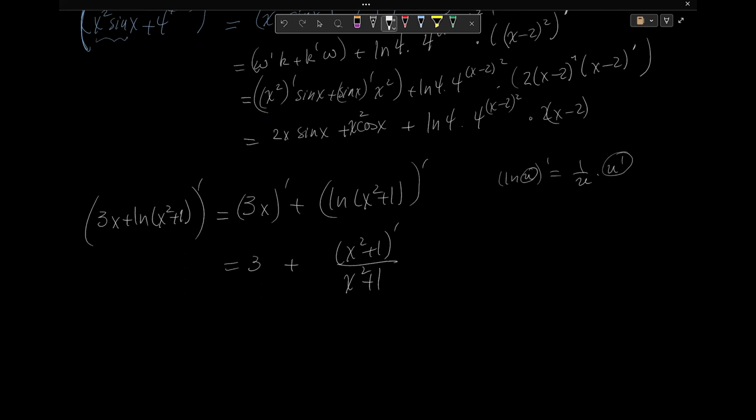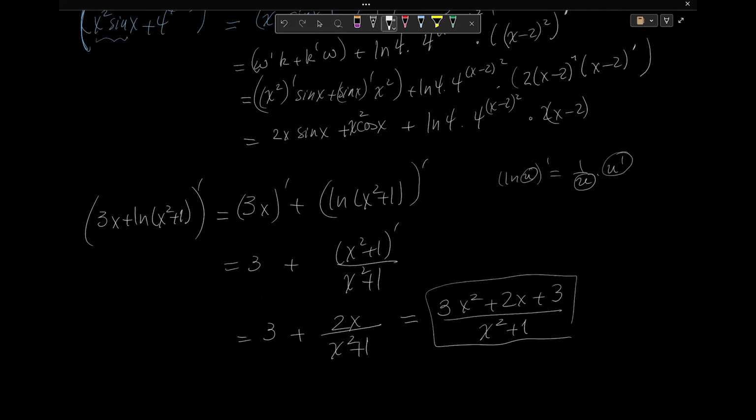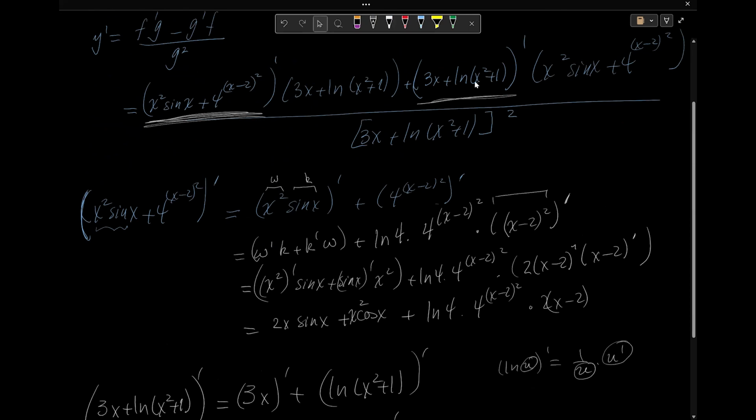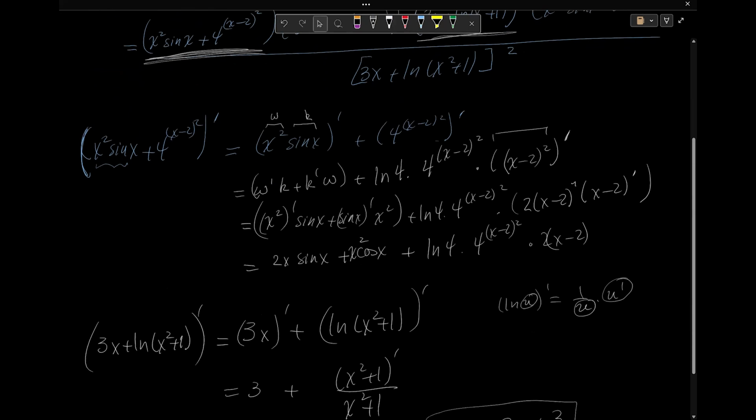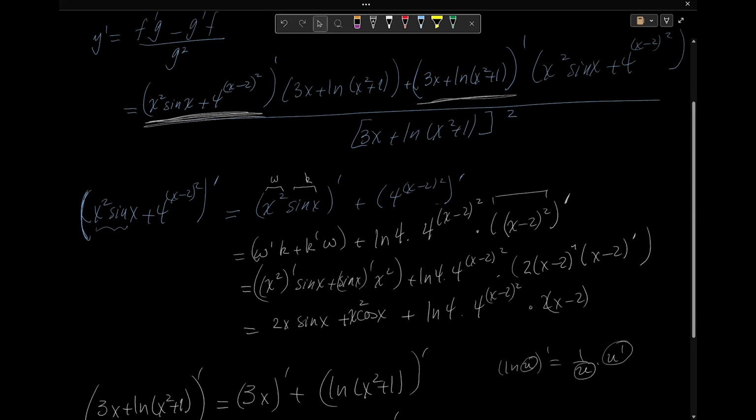There it is. So that's 3 plus derivative of x squared plus 1 is just 2x, because the 1 gives me a 0, over x squared plus 1. Maybe get a common denominator. So 3x squared plus 2x plus 3 over x squared plus 1. That is the derivative of the natural log right here.